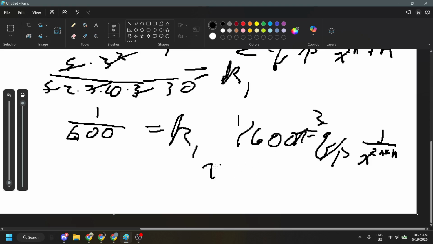So x cubed times x to the 2n squared plus n is equal to 600 q over p.